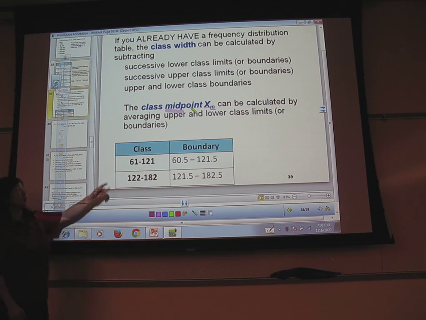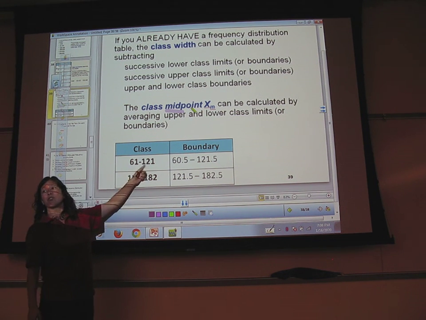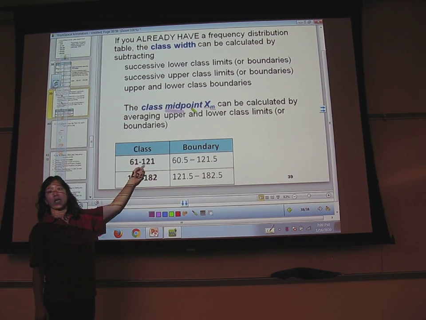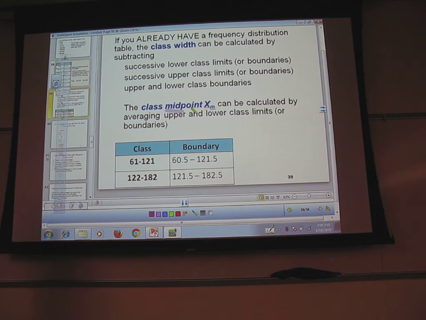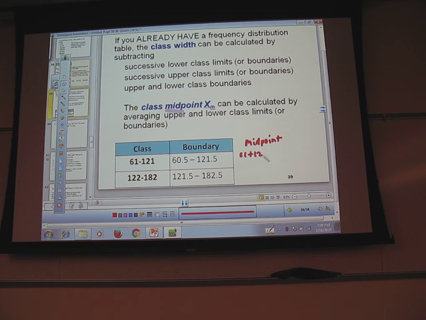So 61 and 121, everybody average those numbers. Add them up and divide by 2, since there's 2 of them. What do you get? 91. So the midpoint is 61 plus 121 divided by 2, 91.